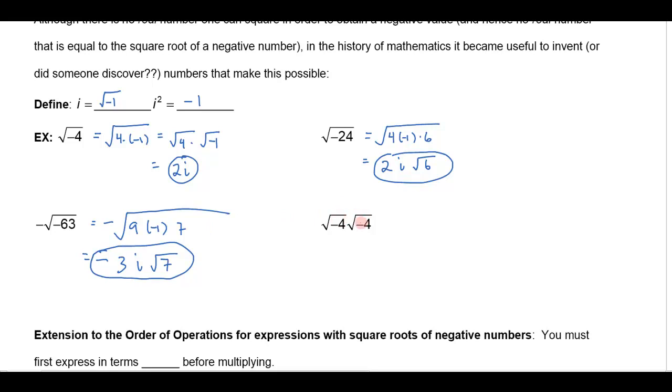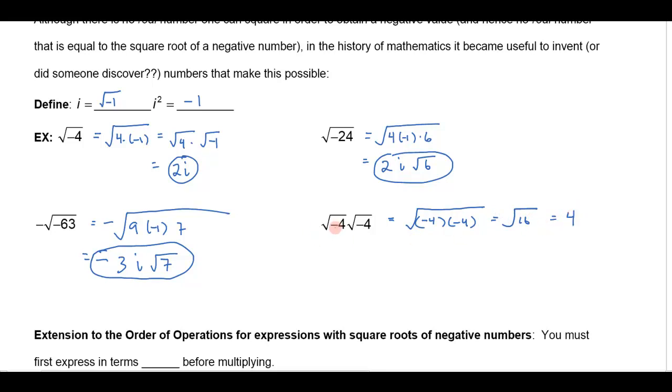Suppose I had the square root of -4 times the square root of -4. And if you think about it, there's actually two ways that I could simplify this. One way would be to go ahead and put those under the same radical. And notice that when I did that, that would give me the square root of 16, which is +4.